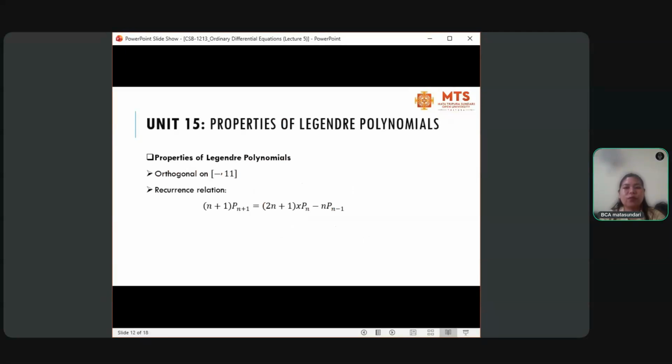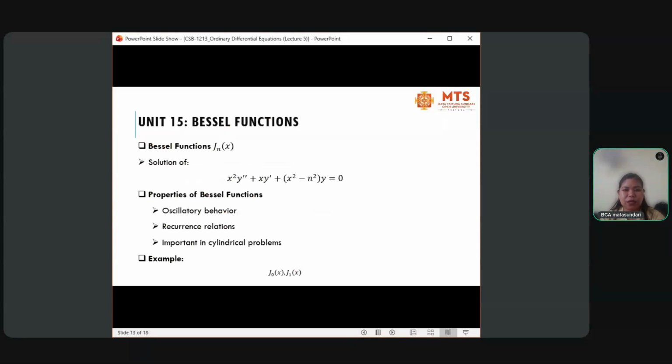Properties of Legendre polynomials: they are orthogonal on the interval minus 1 to 1. The recurrence relation will be (n plus 1) P n plus 1 equal to (2n plus 1) x P n minus n P n minus 1. This will be your recurrence relation for Legendre polynomials.